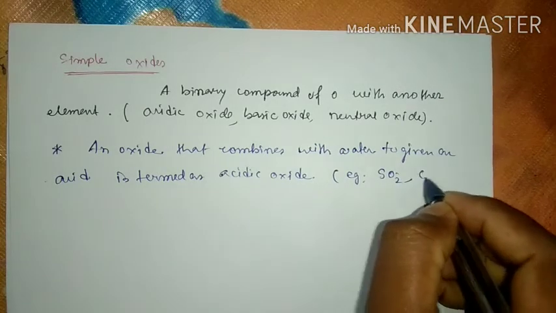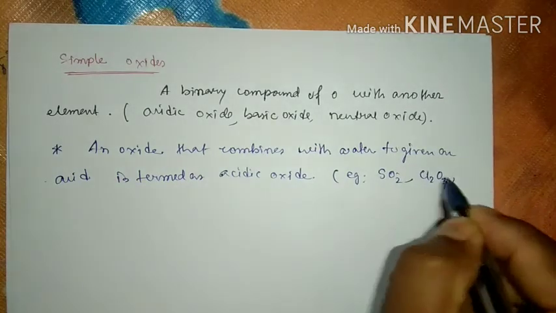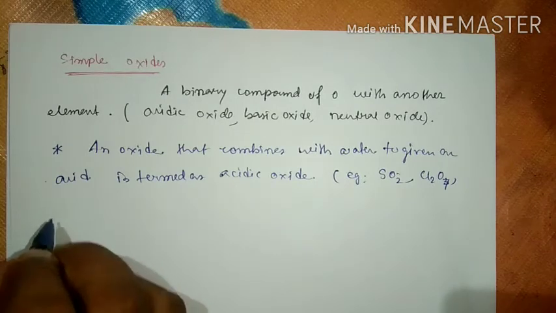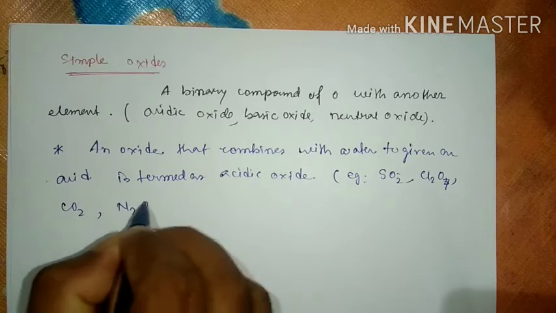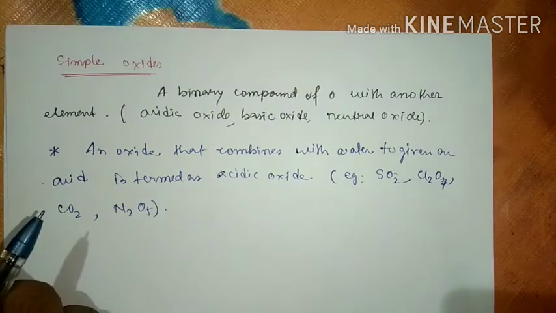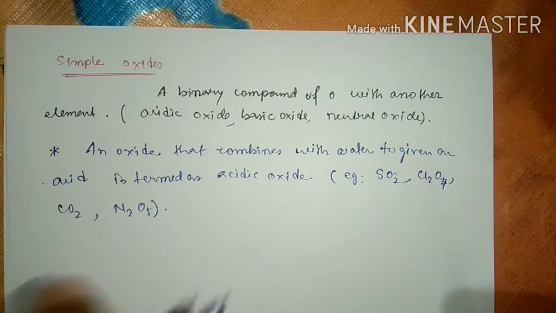SO2, Cl2O7, carbon dioxide, and P2O5. Now we are writing a chemical reaction using SO2.